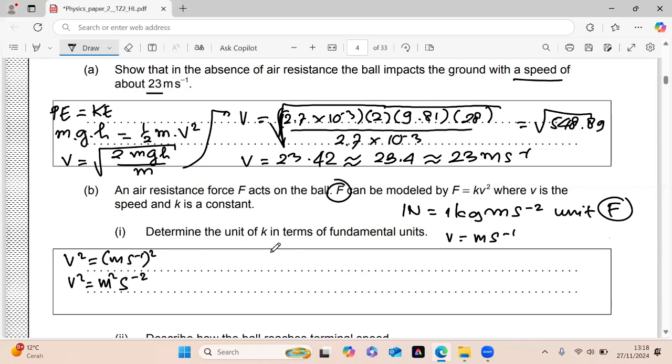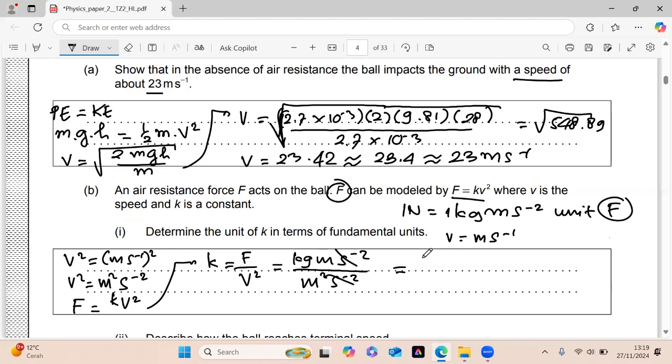Right. So the equation for force, according to this information, is F equals k v squared. If k is the subject, this formula becomes F over v squared. F unit is kilogram meter per second squared, while v squared unit is m squared s power minus 2.